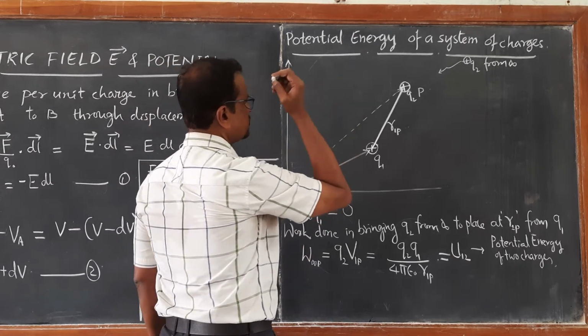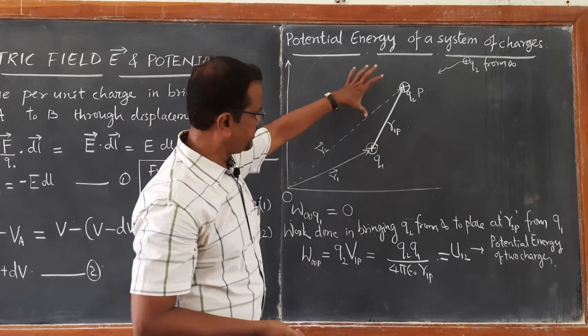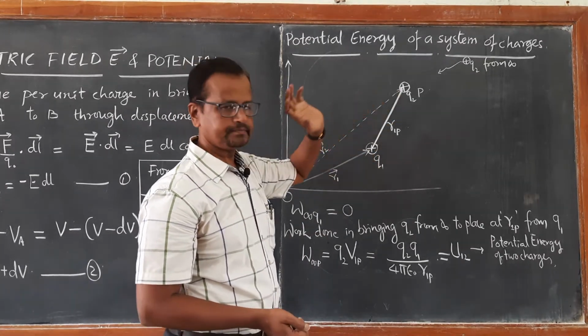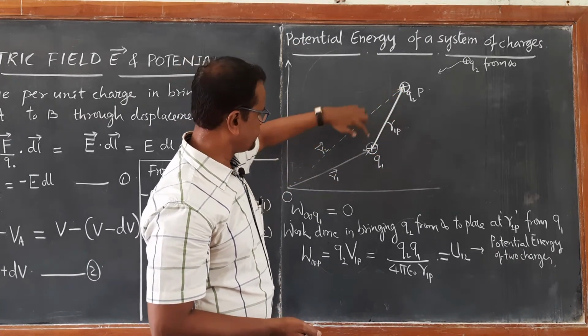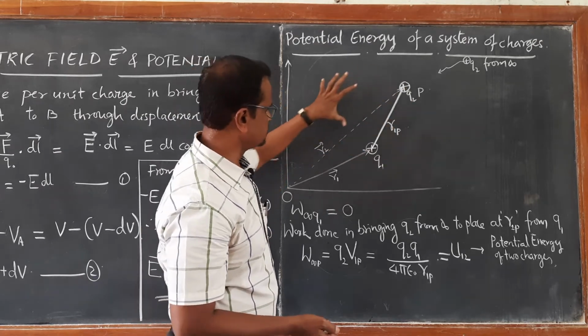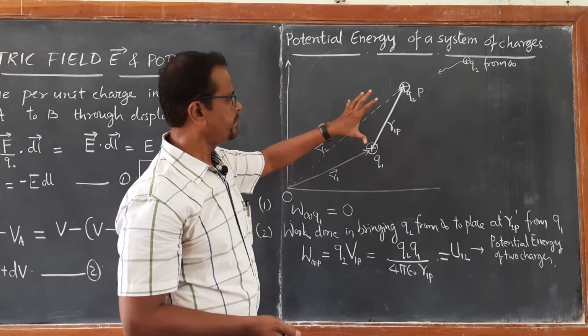Now it has developed a field due to two like charges Q1 and Q2, which are fixed at positions with position vectors R1 and R2. So now it has a combined potential and a combined electric field.